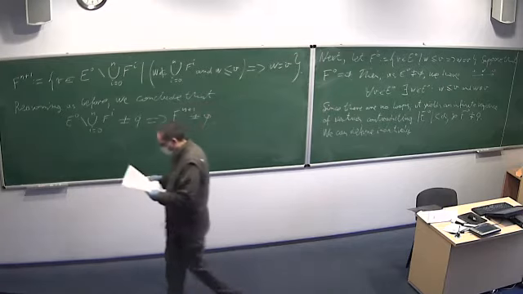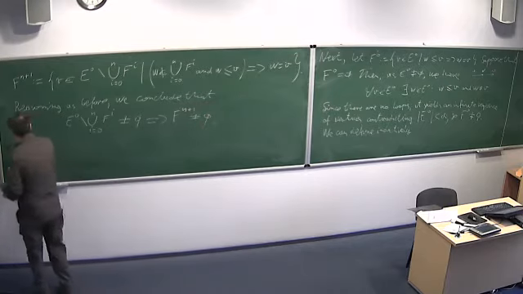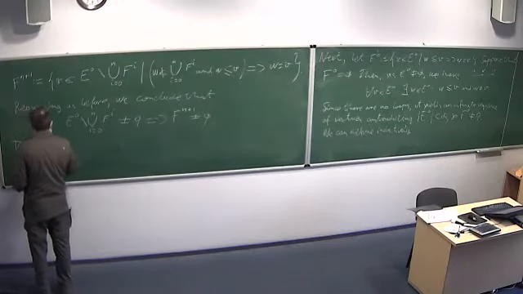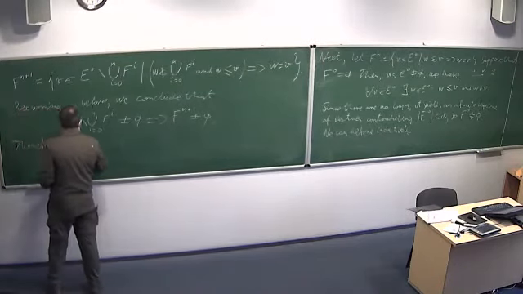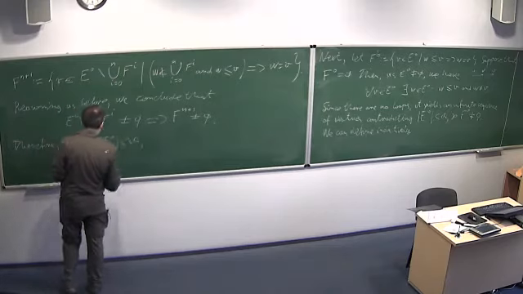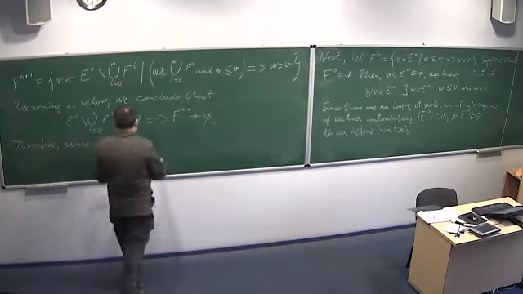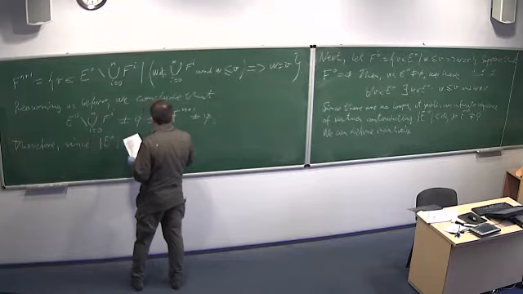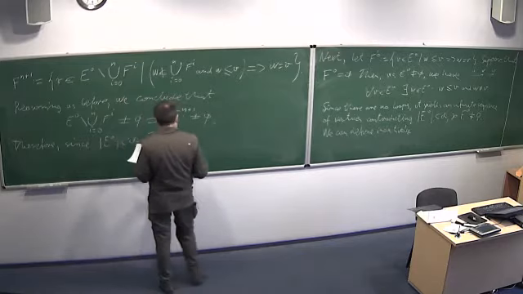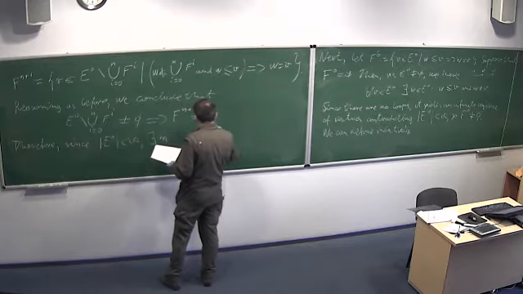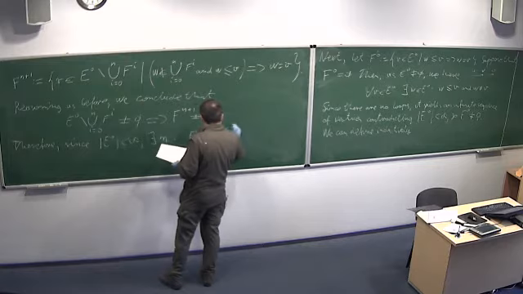Okay, so let me write it down. So therefore, since E0 is finite, there exists an M such that E0 is equal to the union from I equals 0 to M of Fi.